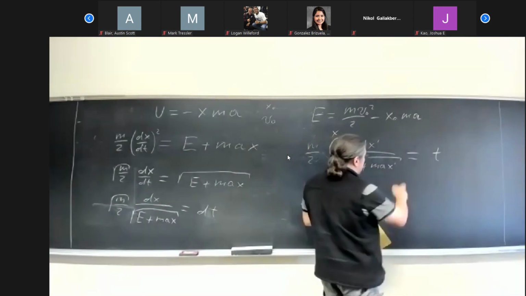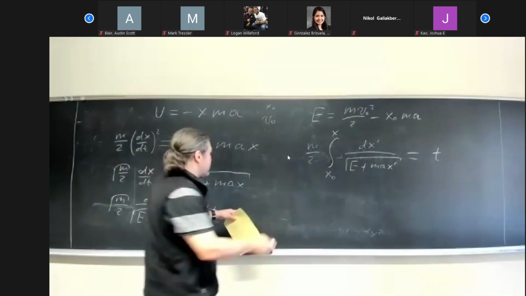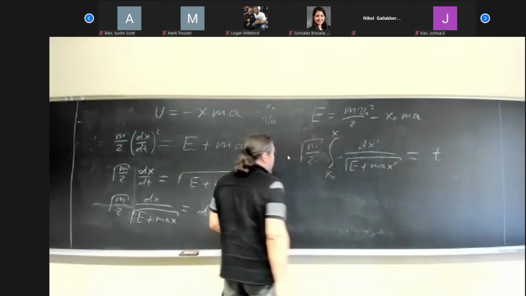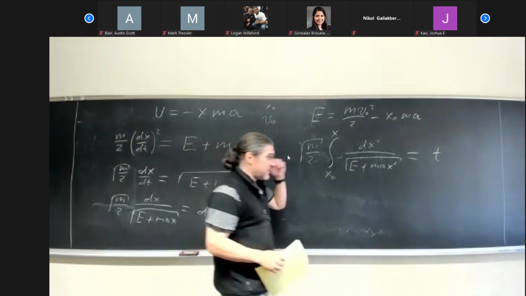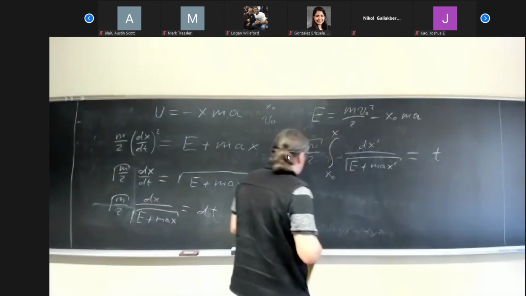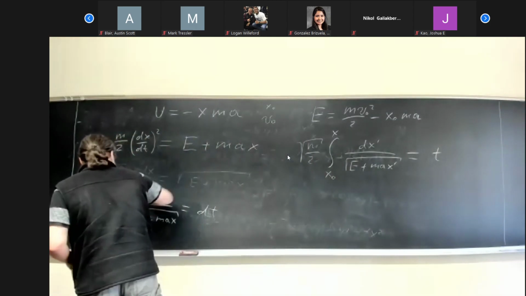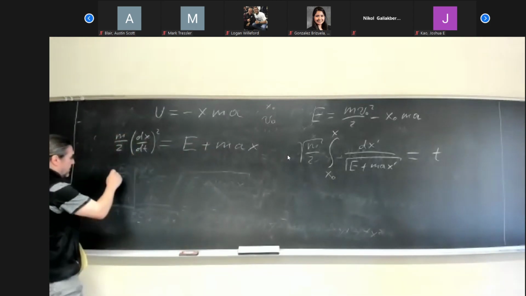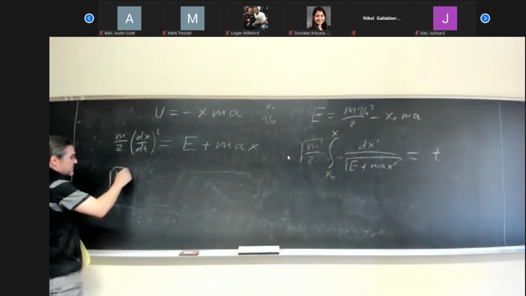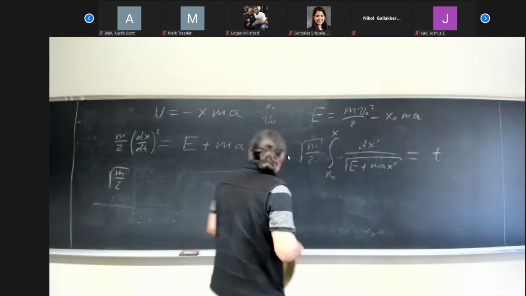This is a simple integral because it's a square root of a linear function. And so you can always take this integral either by mathematica or by hand. If you decide to do it by hand, then what you have is the following: you have square root of m over 2, and then the integral of 1 over square root is a square root.